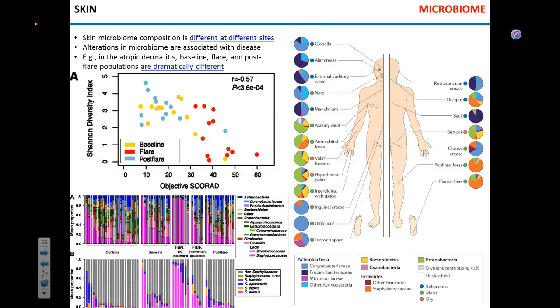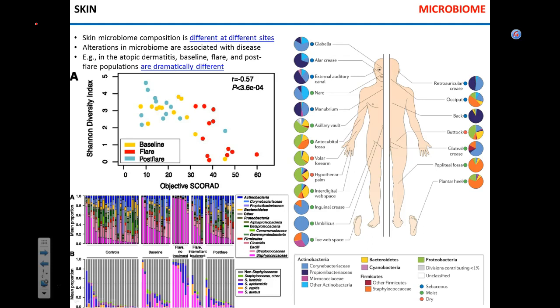Now, first of all, I want to say that analysis of the microbiome is extremely complicated, because you have to compare populations with often hundreds of different taxa, hundreds of different species, and you have to find changes in microbial diversity or something else between different body sites or different conditions.